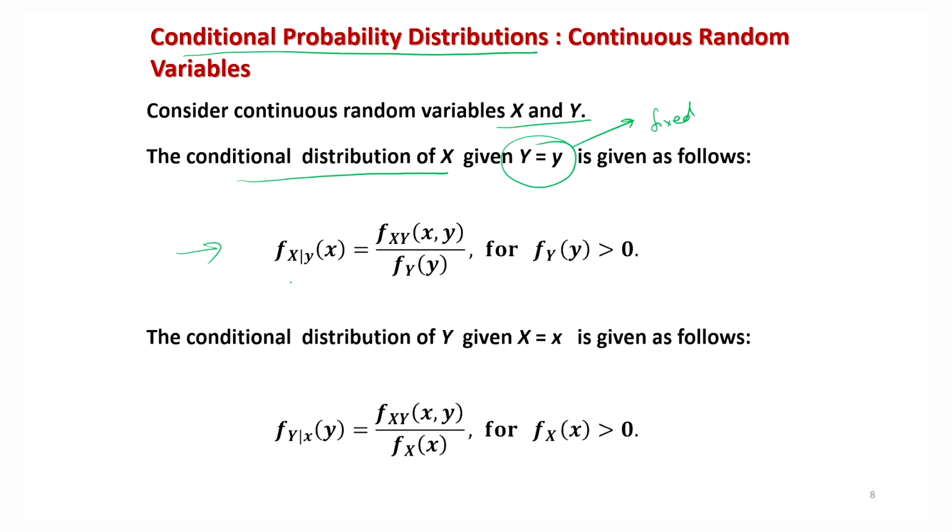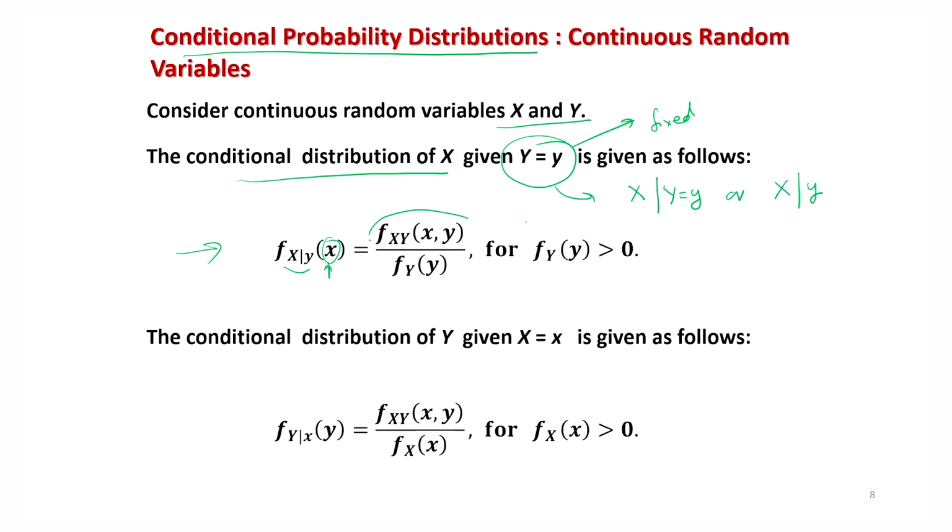This is indicated by the random variable X given Y equal to y, or it is written as capital X, a vertical line, and then small y. Now you want to find out the conditional density of x. The random variable here is x given y. This will be the joint probability density function divided by the marginal density function.